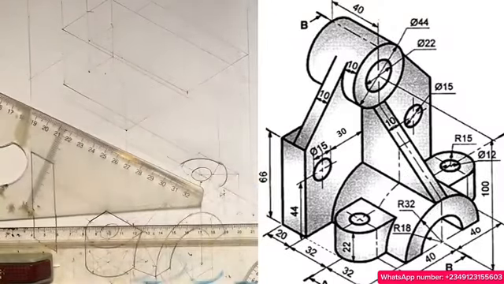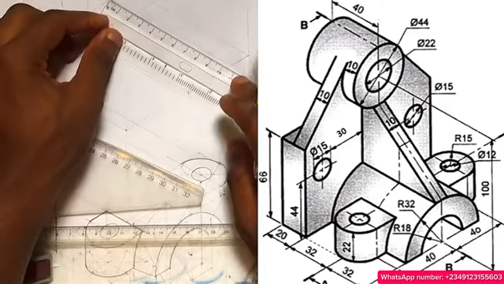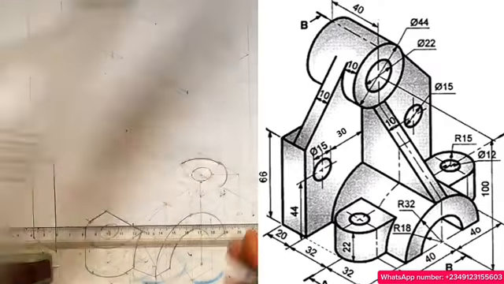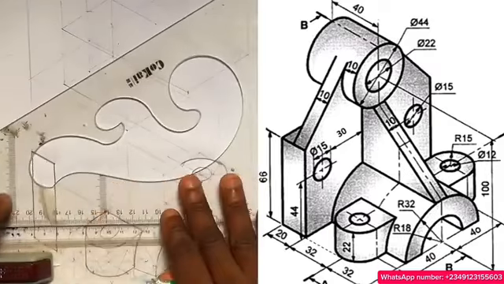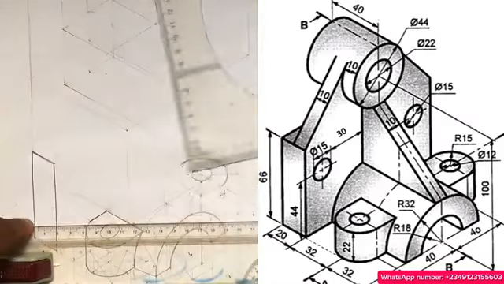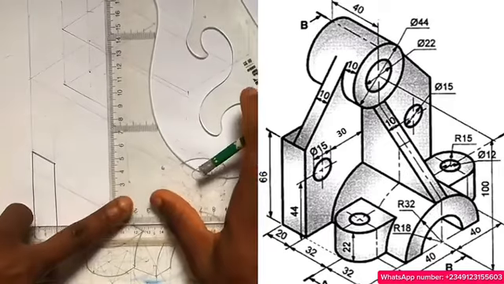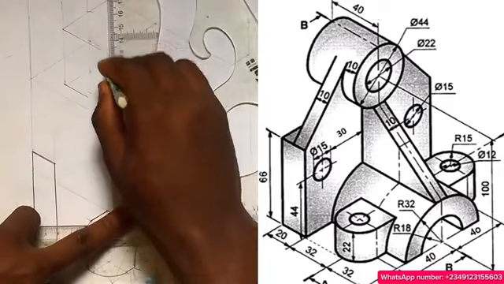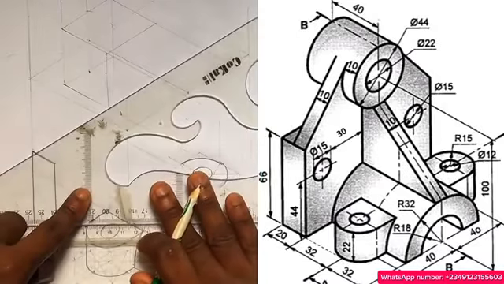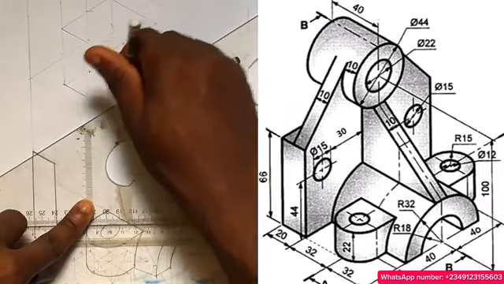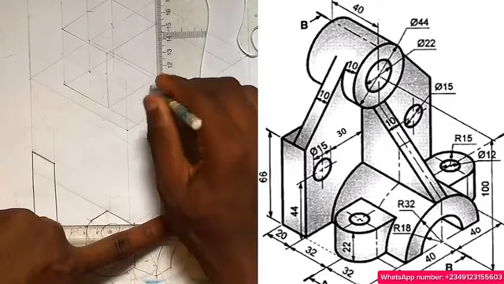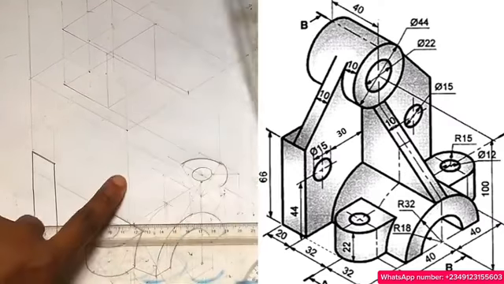I'm given that the entire length of that figure is 40, so from here to here is 40, right? I'll use that 40 to create another box. This to this, take this point to this point here, this one to this, and now close them up this way.